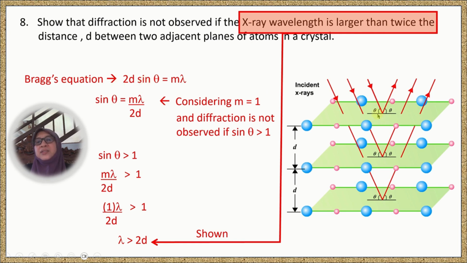The theta is this one, the theta here, and the d is the separation between the two planes. Okay, so when this theta is sine 90 degrees, diffraction is not possible to occur.